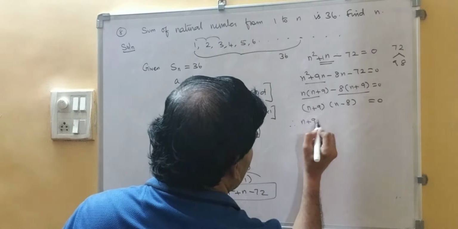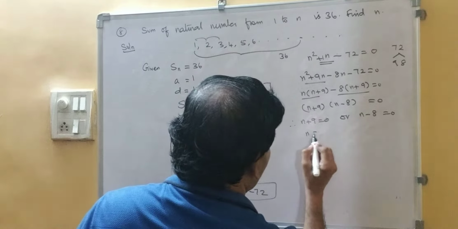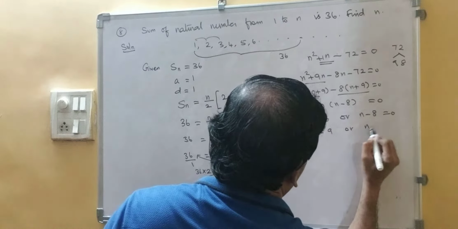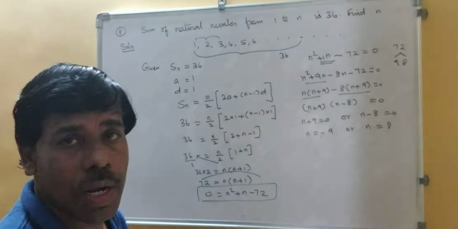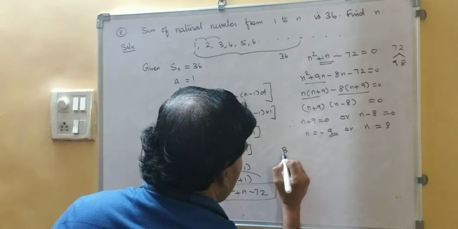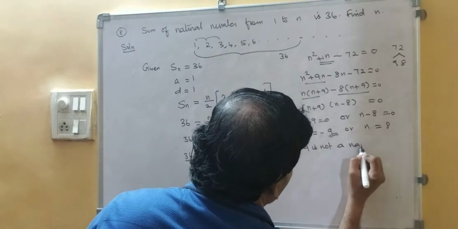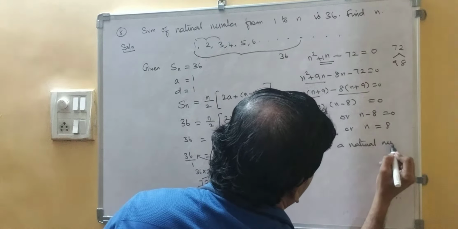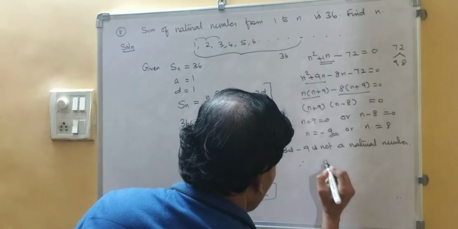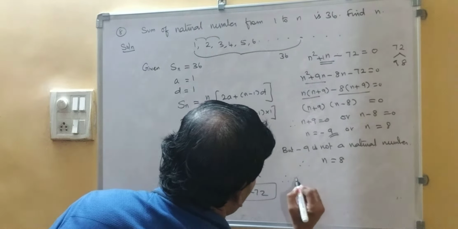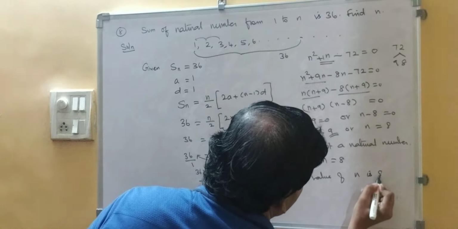Therefore n plus 9 equal to 0 or n minus 8 equal to 0, that is n equal to minus 9 or n equal to 8. But these are the sum of natural numbers, and minus 9 is not a natural number. Therefore, the answer is n equal to 8.